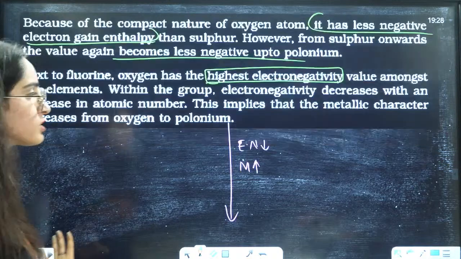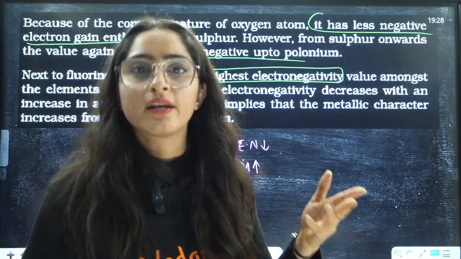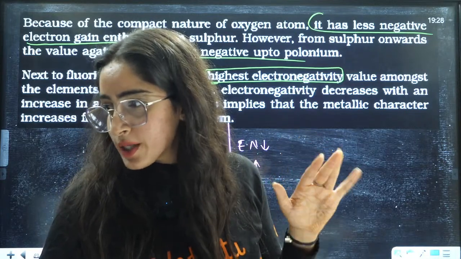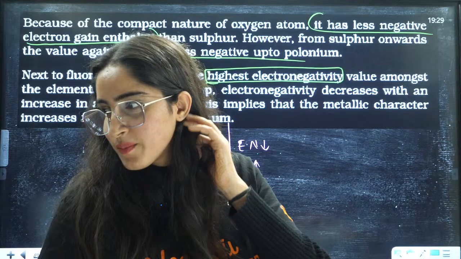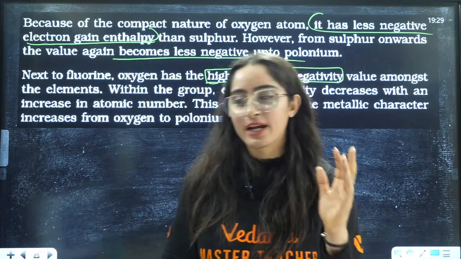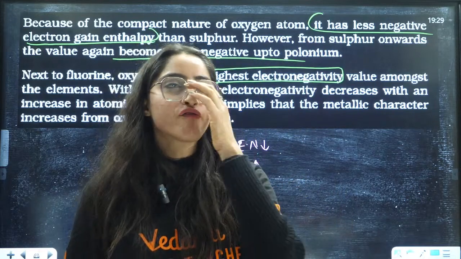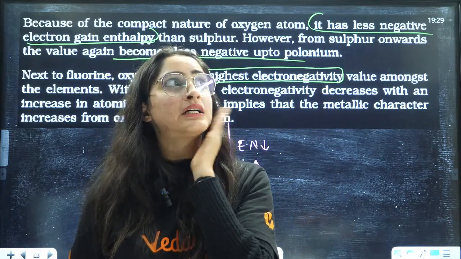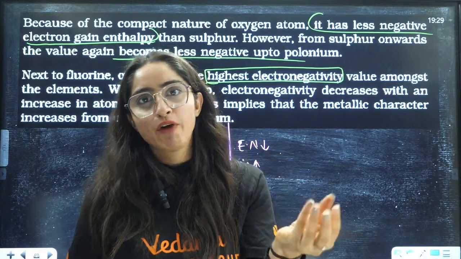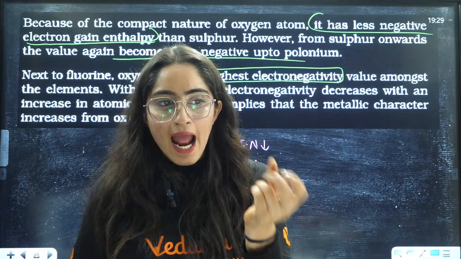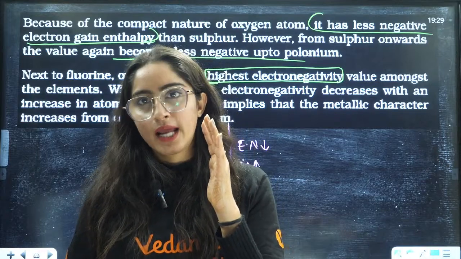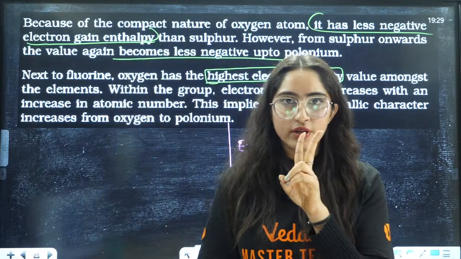Do you remember the concept of electron affinity and electron gain enthalpy that we did in classification, or do I need to tell you again what they are? Affinity is like the hunger that I have to eat food, and electron gain enthalpy is how much food I am eating. That is the difference between the two.